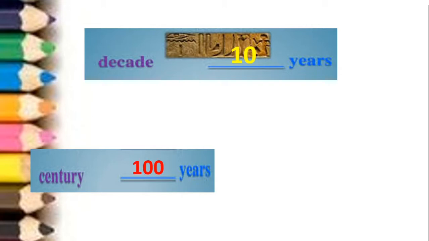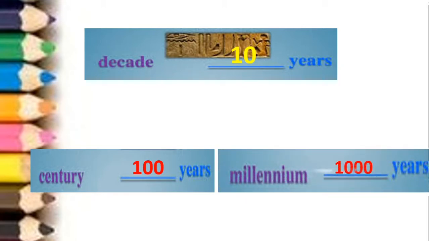Now we know about century, isn't it? Because we all love to watch cricket. So we know that century means 100. In the same way, for years also, 100 years means a century. And then we have 1,000 years, which is a millennium.